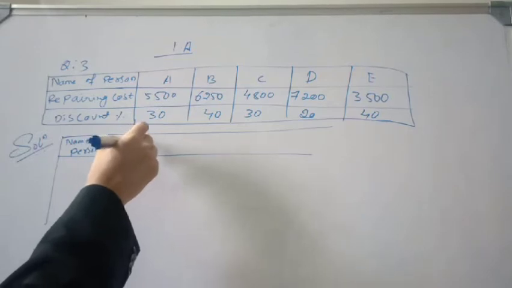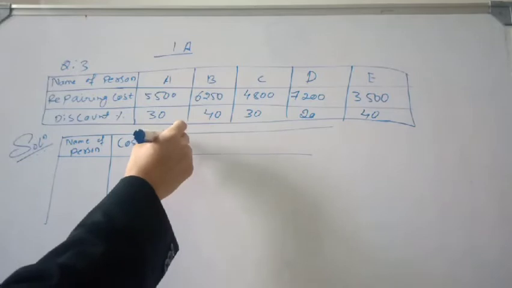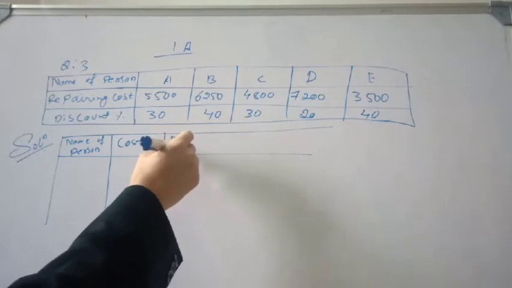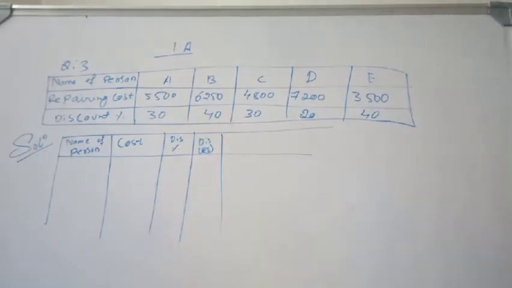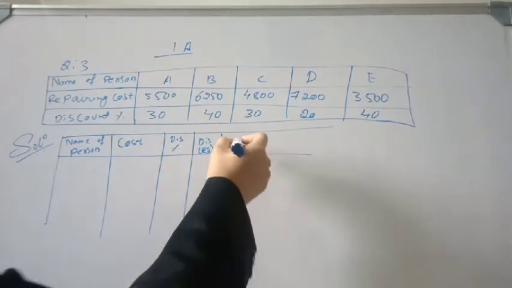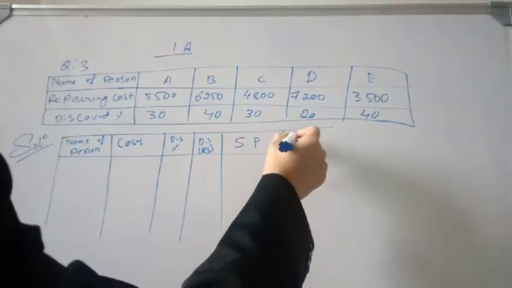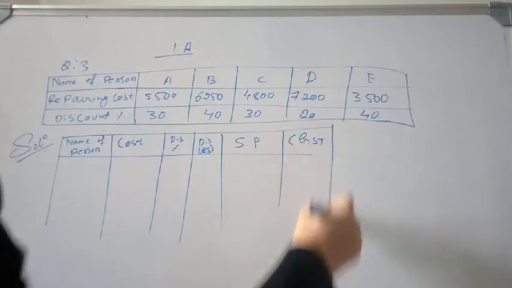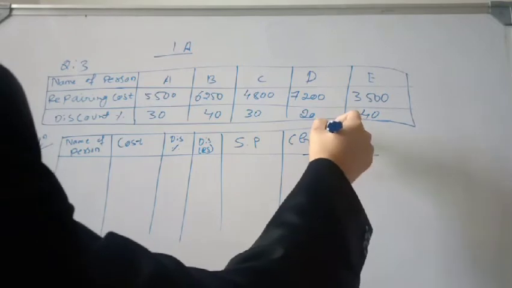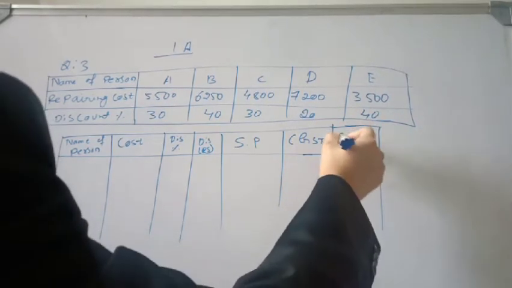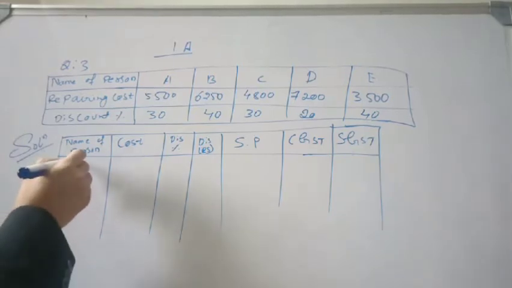We'll make columns: name of persons, repairing cost, discount percentage they have given, then discounted amount, then selling price, which means the amount after discount. Then CGST and SGST, because it's happening inside the state, so we take CGST and SGST.